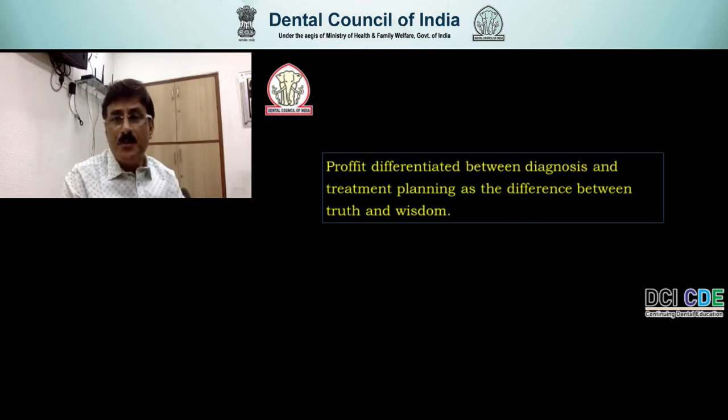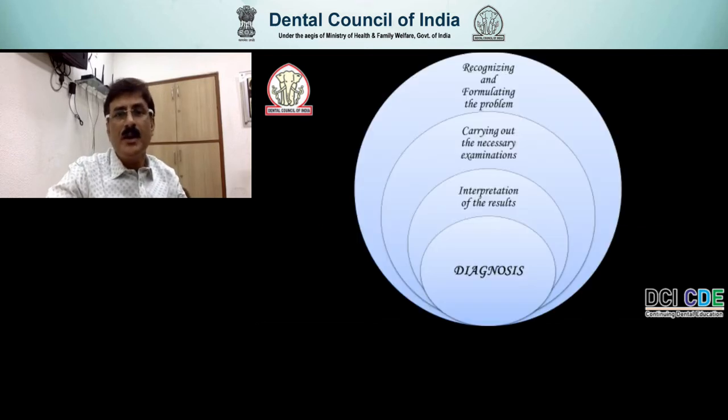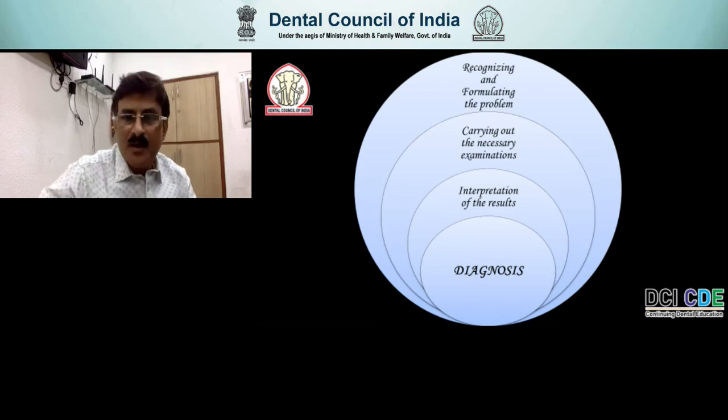A wise and prudent clinician develops a treatment plan which maximizes benefit to the patient, where the clinician offers the highest possible care which is required for the patient. So that's the difference. Diagnosis is basically recognizing and formulating the problem, carrying out necessary examinations, and interpreting the results.